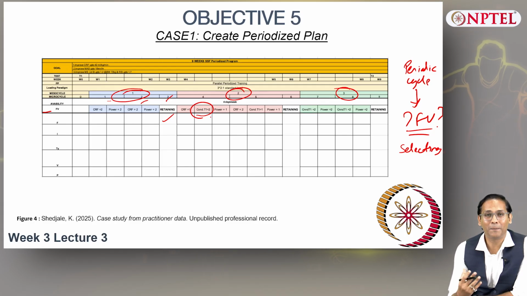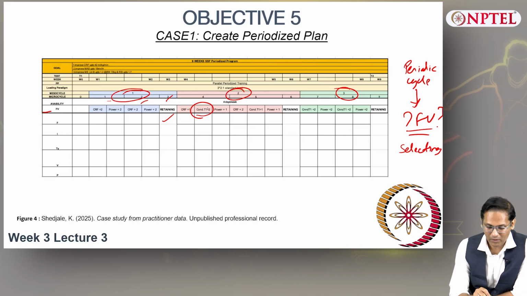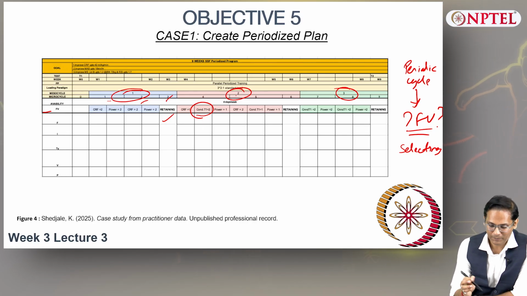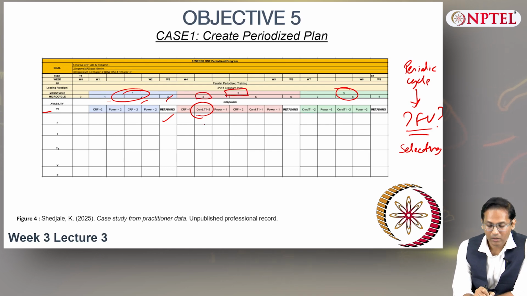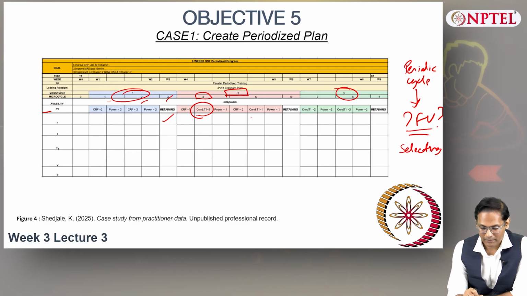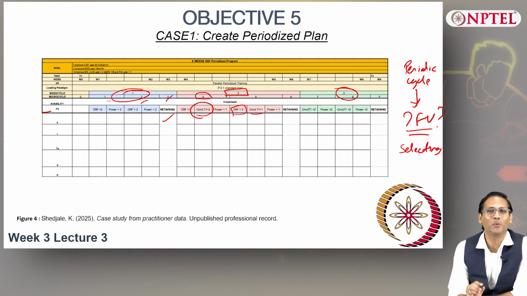Now, this is where balanced programming would be helpful. If you observe in the second mesocycle, in week 4, conditioning is trained 2 times and aerobic capacity is trained 1 time. And in week 5, now aerobic capacity is trained 2 times and conditioning is trained 1 time.